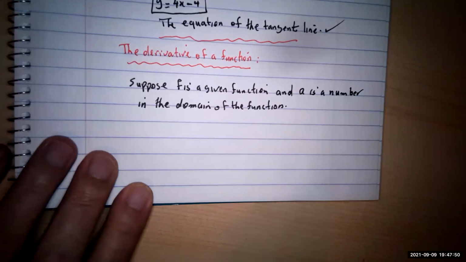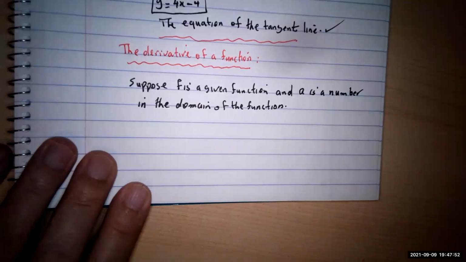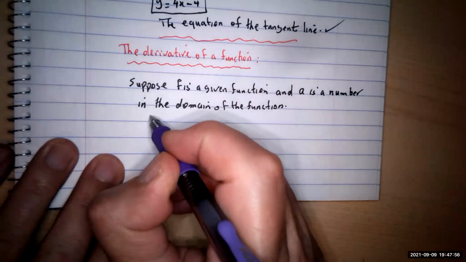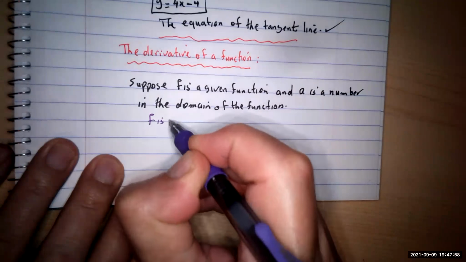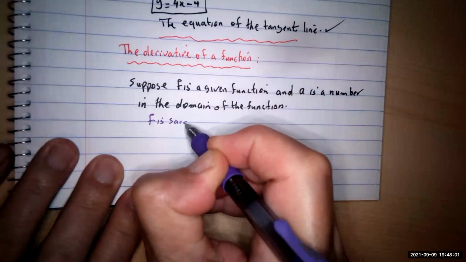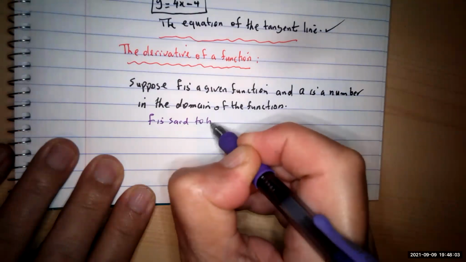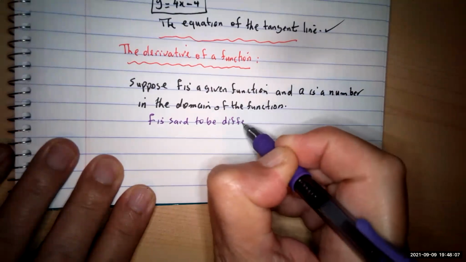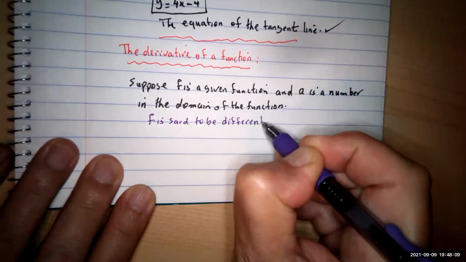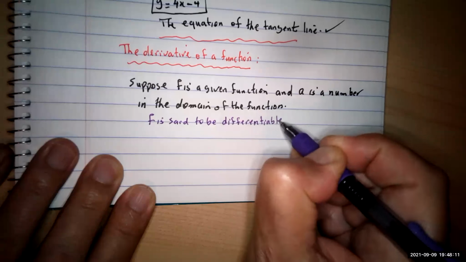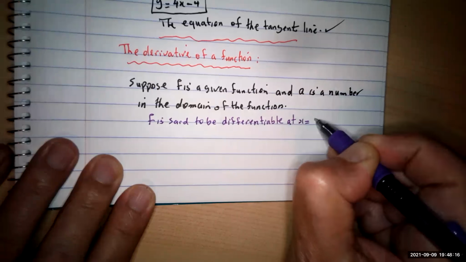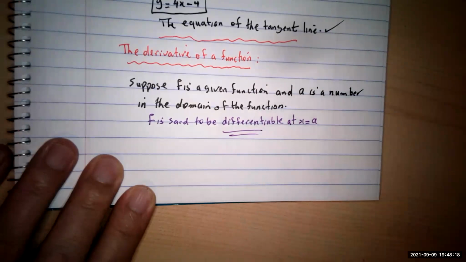Now, the first expression that we're going to use: f is said to be differentiable. That's the expression that we have to know for the rest of the course. Differentiable at a, at x equal to a.